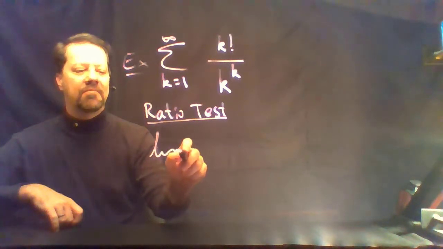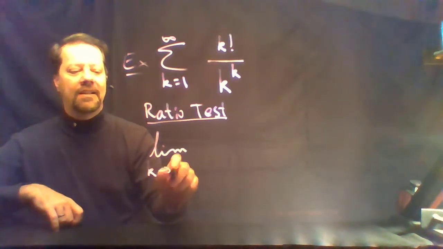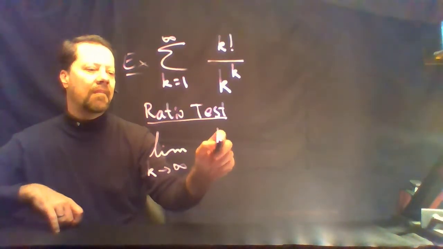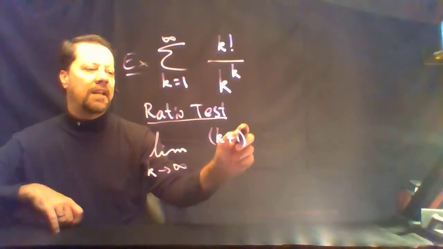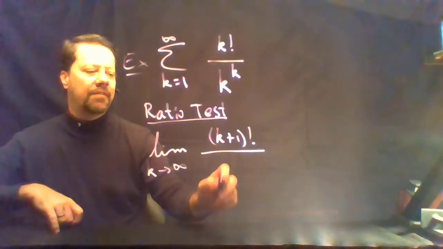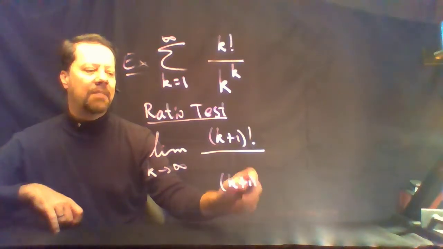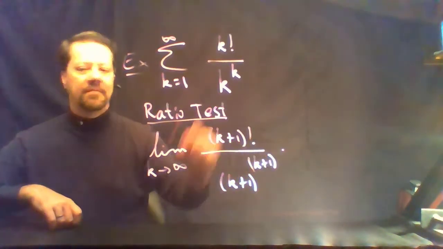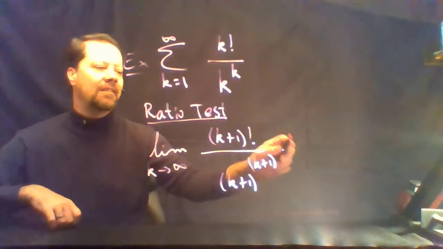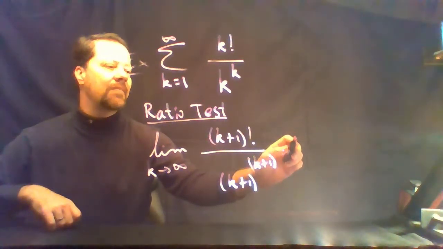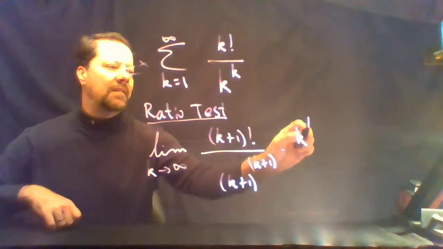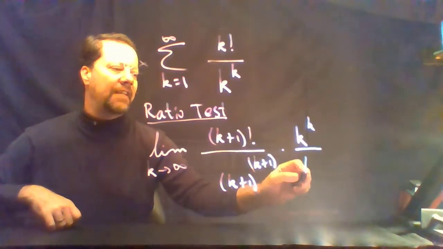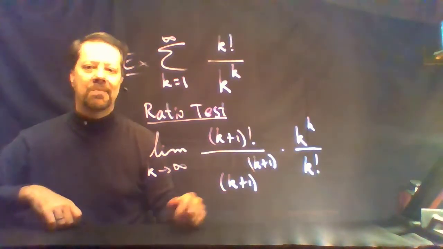We'll take the limit as k goes to infinity, k plus 1 factorial over k plus 1 to the power k plus 1, divided by the terms in the series, that's k to the k divided by k factorial, multiplied on the previous expression.